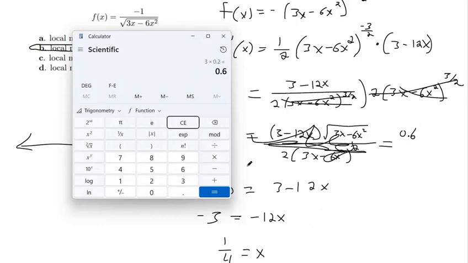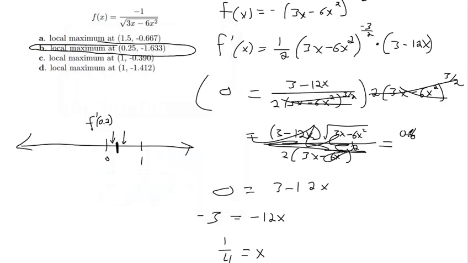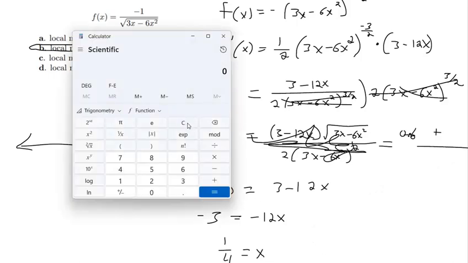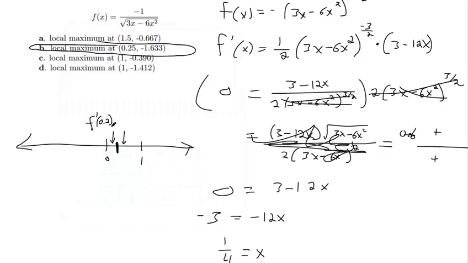In the denominator, we got 3 times 0.2 minus 0.2 squared times 6, which is 0.24. So in the numerator I've got a positive number when I plug in 0.2. In the denominator, that's going to be squared, so that's not going to change the sign. So we got a positive number in the denominator. The derivative is positive to the left of our critical point.